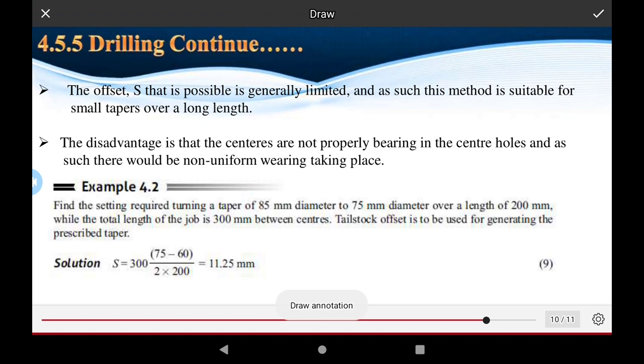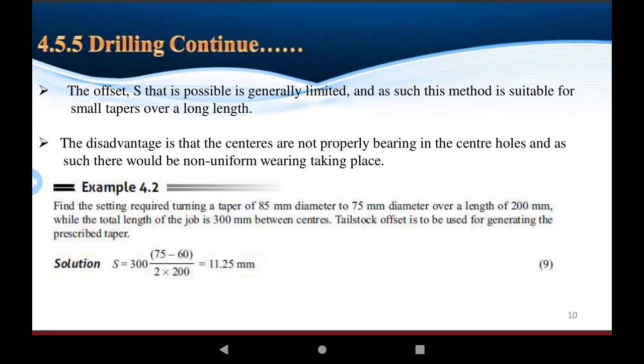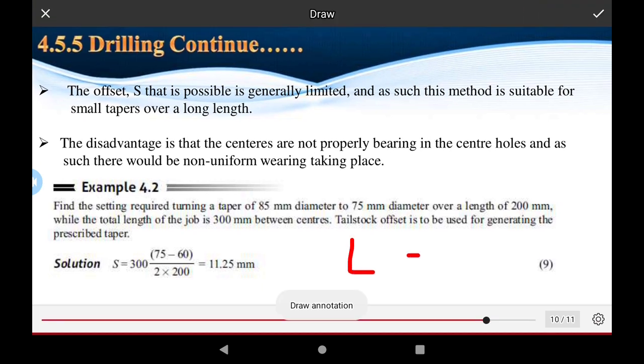Okay, the capital D value is given as 85. Okay, 85, and the small d is 75. Small d equal to 75, and the taper operation is performed over L equal to 200.